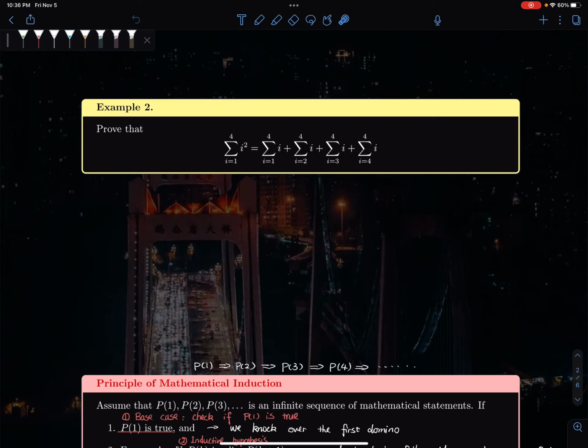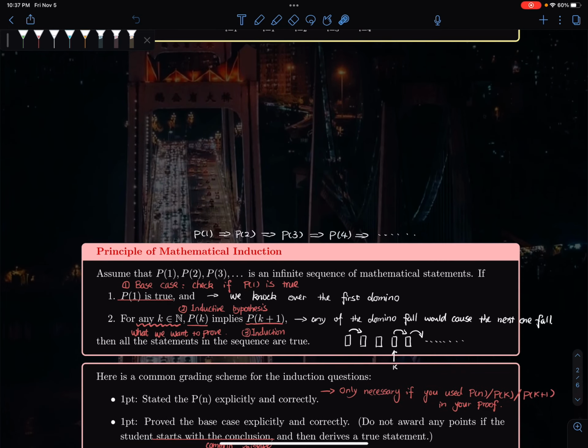Well, what can you do? In this case, you don't need induction, for obvious reasons. It's to the power 2 to 4, right? It's not to n, it's not for all natural numbers or something, so you don't need induction.